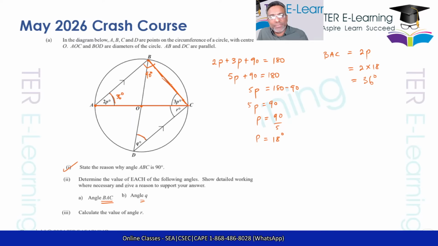If I use the ends of the chord BC, I can create an angle of 36 degrees here. If I take the same points B and C, I can create an angle here which is the same as well. So angle Q is going to be the same as 36 degrees. The angles in the same segment are equal. That's one of the rules we're using here.